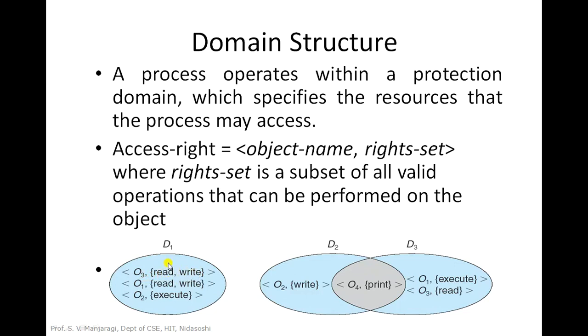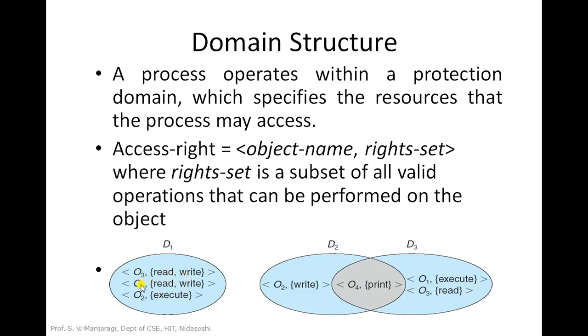A process or processes that exist in domain D1 have read and write access permissions on object O3, so they can access object O3 for read or write. Object can be anything, hardware or software. If it is a file, it will be a software object, and then a process that exists in domain D1 can perform read and write operations on the file.